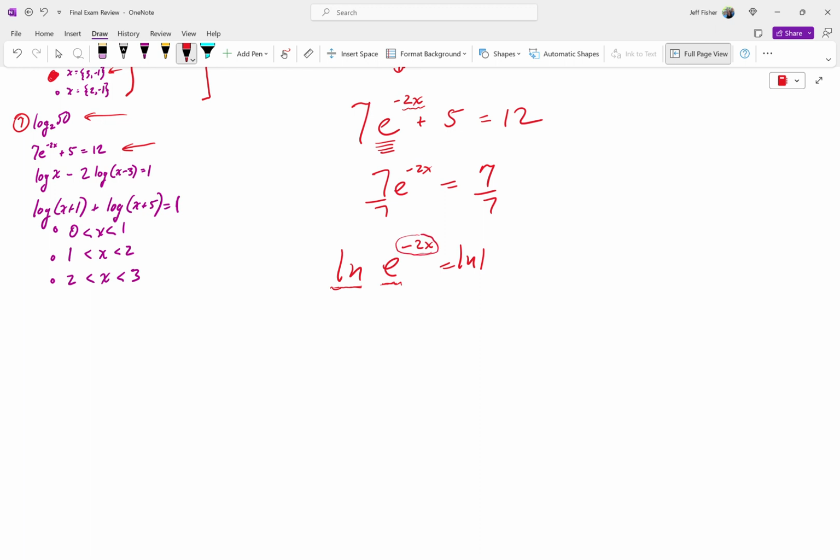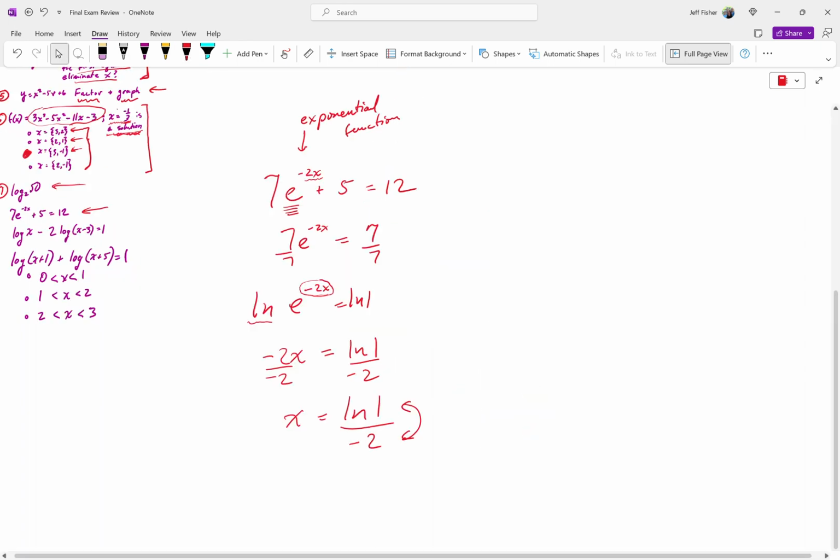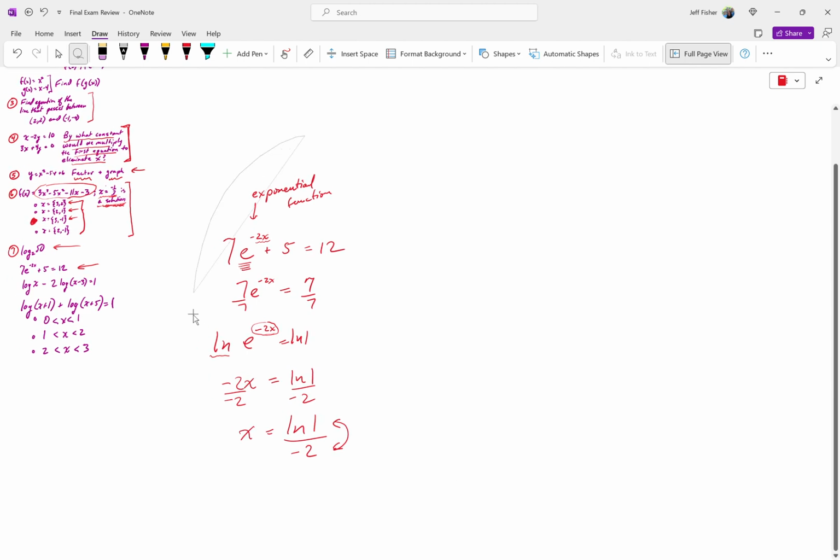So we're just going to end up with negative 2x equals ln of 1. Well, ln 1 you can plug into your calculator. That's just a number, right? So then to finalize this, we divide each side by negative 2. And we have x equals the natural log of 1 divided by negative 2. And we just plug this into our calculator to find the answer for x. Okay? Hopefully that makes sense.